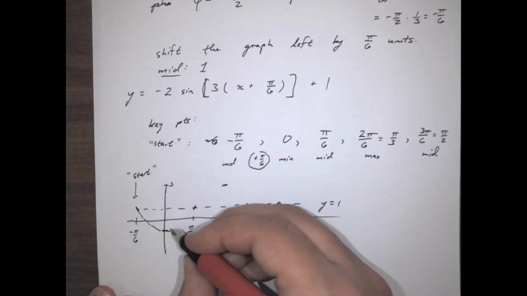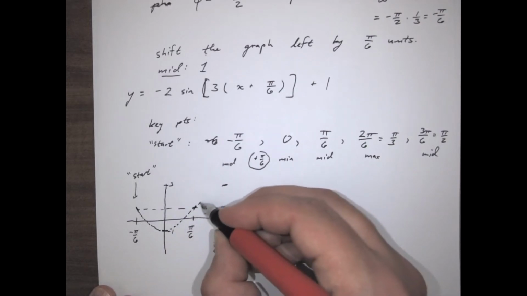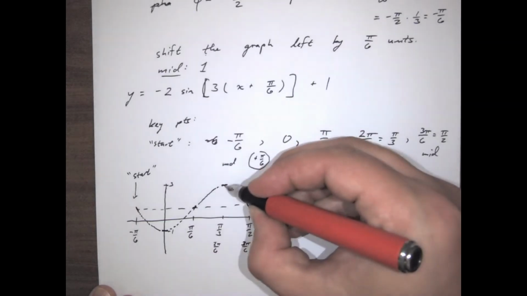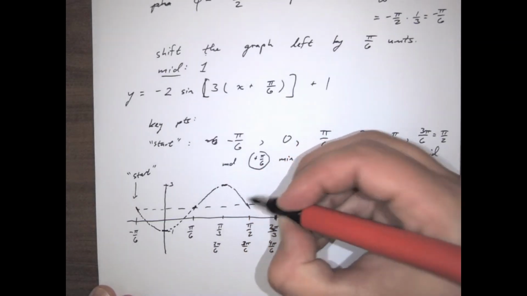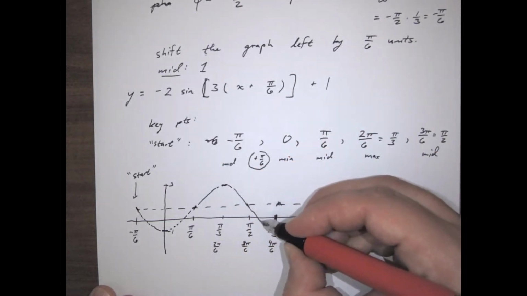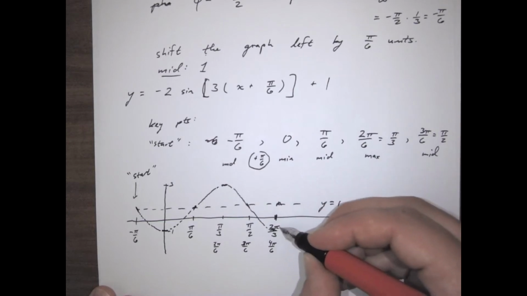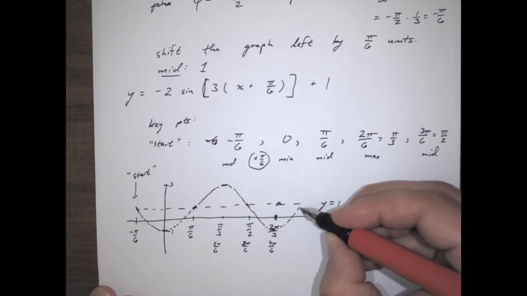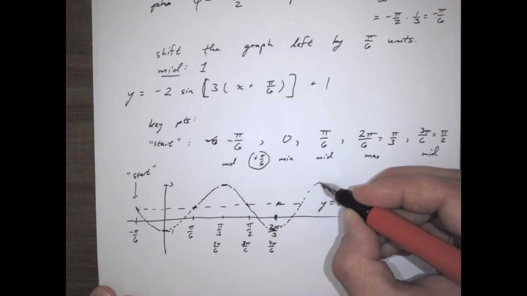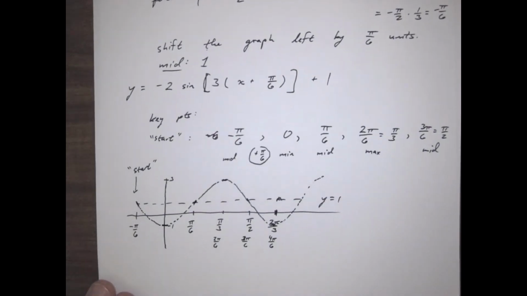Down, up, down, and technically, of course, it is periodic, so it would continue its journey up and down and up and down. So it did whatever normal negative sine would do. It just did it all pi over 6 units to the left of where we were expecting it to be.